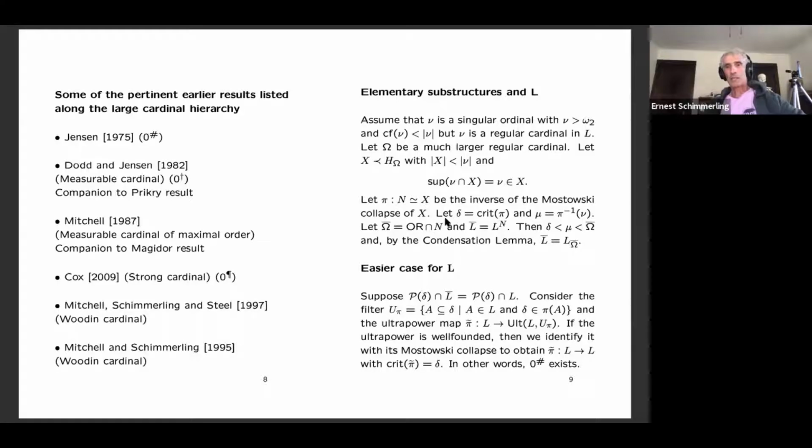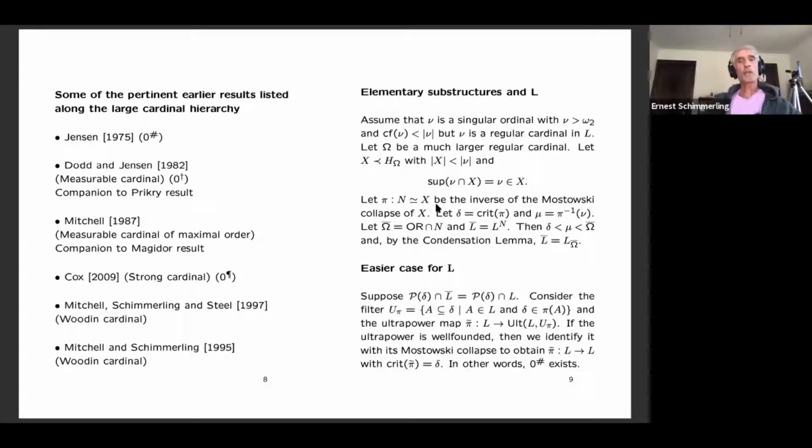I'm taking the inverse of the Mostowski collapse. Let delta be the critical point, and let mu be the preimage of nu. Let omega bar be the ordinals of N, and L bar be L of N. Then we know that delta is less than mu, and that's less than omega bar. And by condensation, L bar is actually just L omega bar.